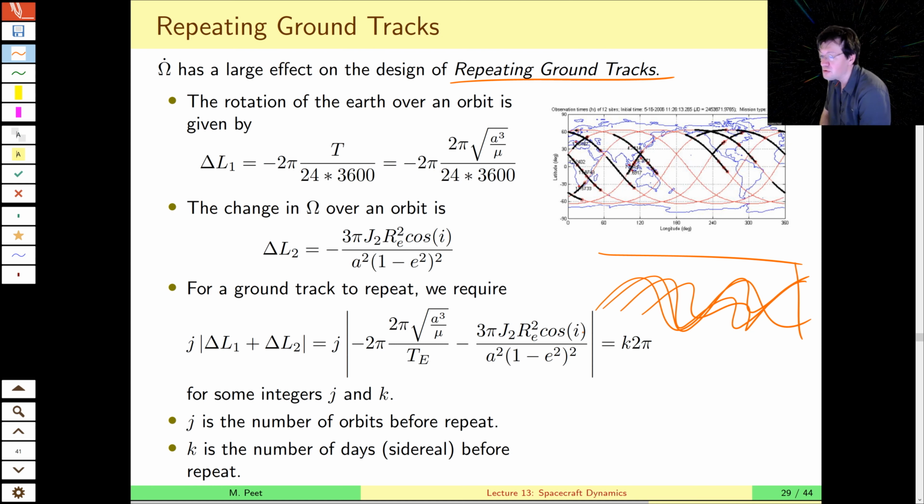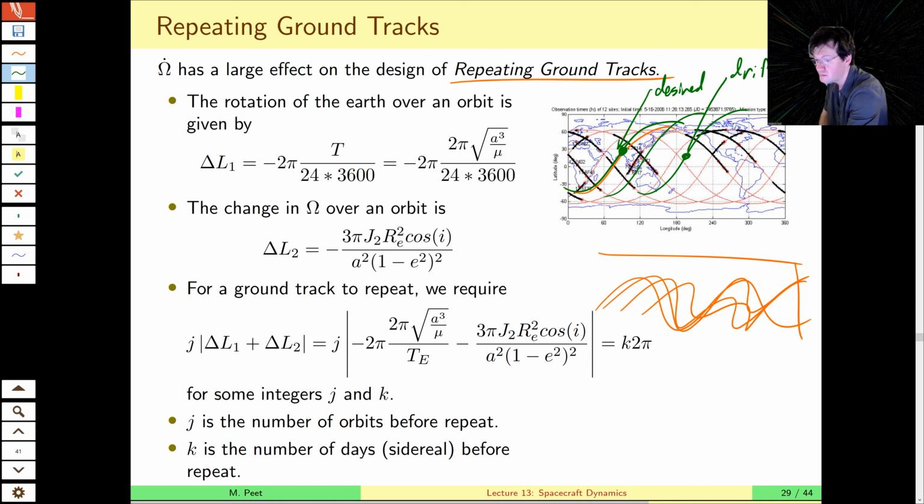It would be kind of annoying if you designed a communication satellite for, I don't know, India, Pakistan, and then after a while the ground track popped up over the middle of the Pacific Ocean, where it's not doing much good, right? And this is the drift in right ascension. So this is a problem, right?